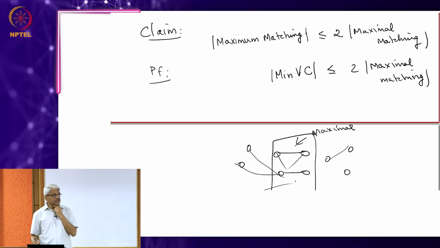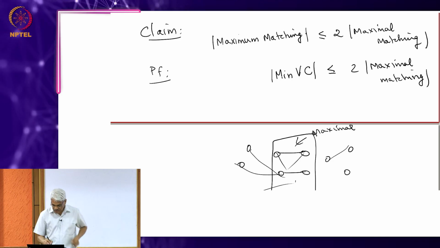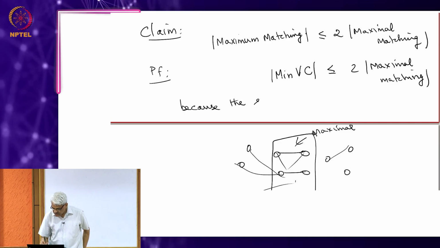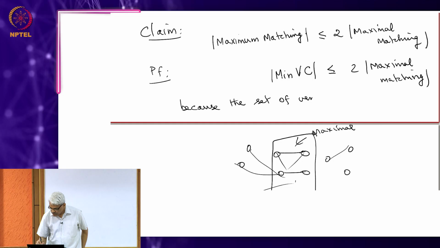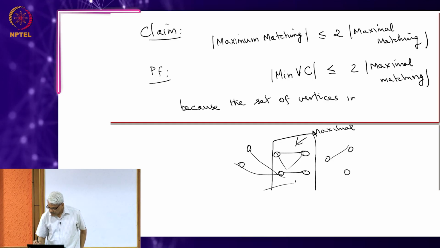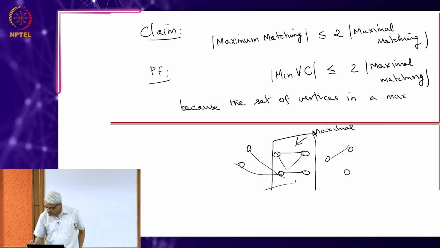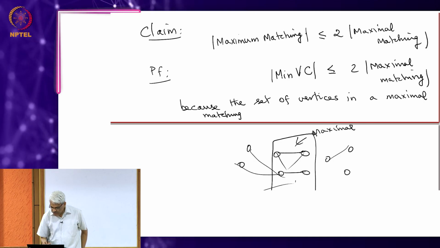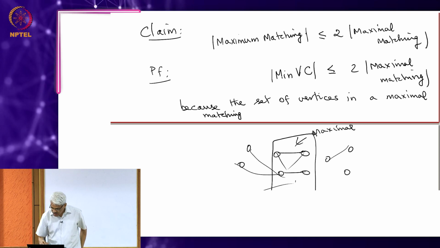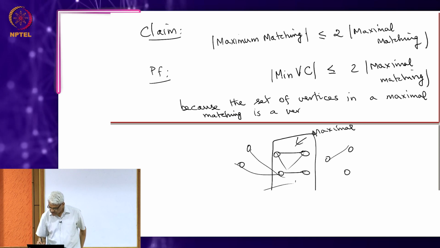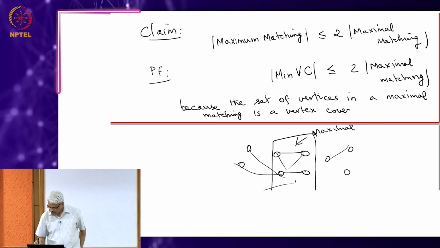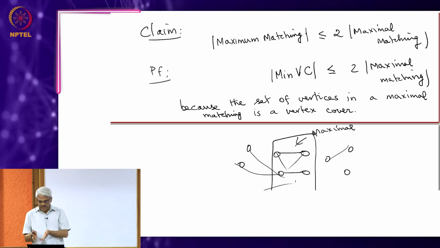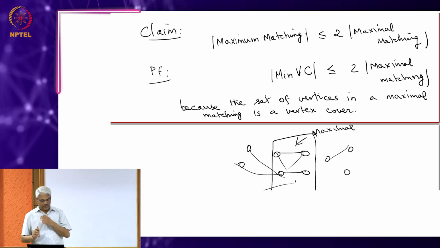That's the reason, because the set of vertices in a maximal matching, which is 2 times the number of edges, is a vertex cover. The minimum vertex cover may be a different vertex cover, but this is certainly a vertex cover, so minimum vertex cover size may be smaller.